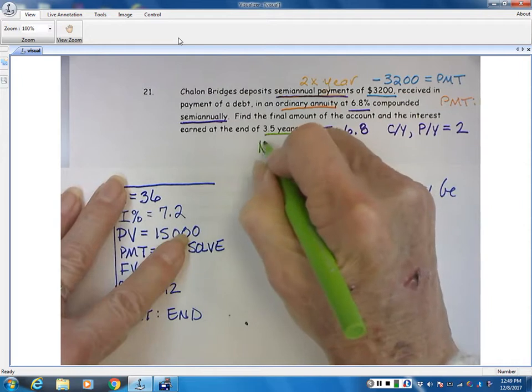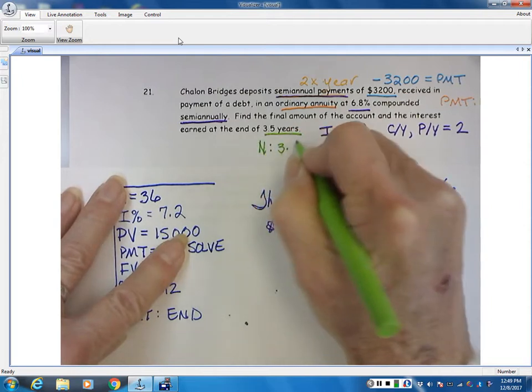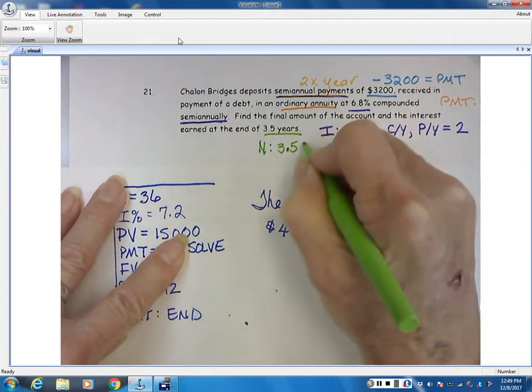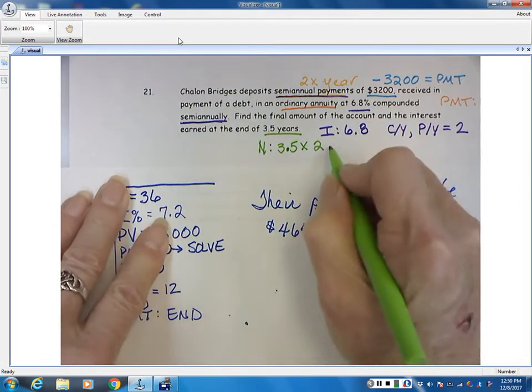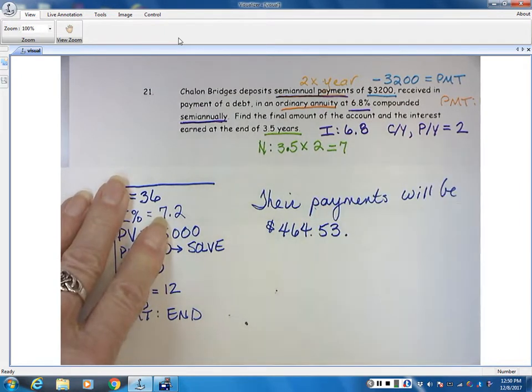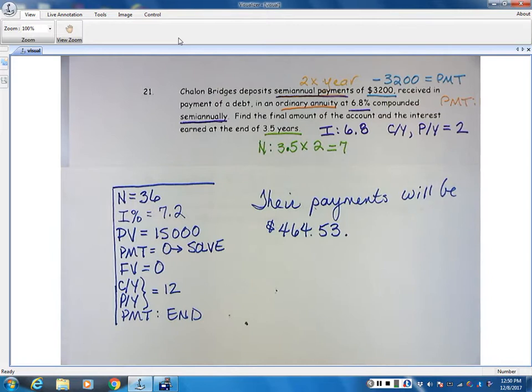So N is going to be 3.5 years times twice a year. So that means N is actually going to be 7. Okay?